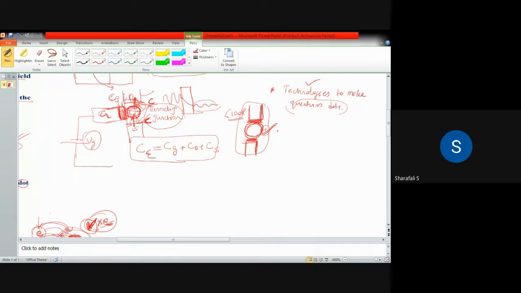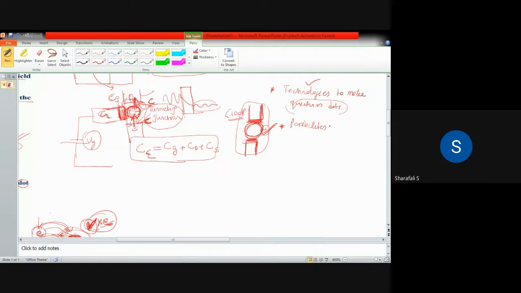So we can write that also here. These are the important factors that we have to consider when we make these kinds of transistors on a large scale.